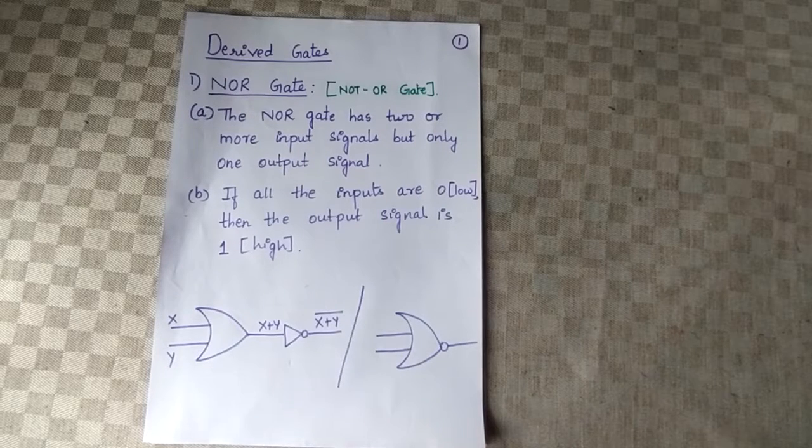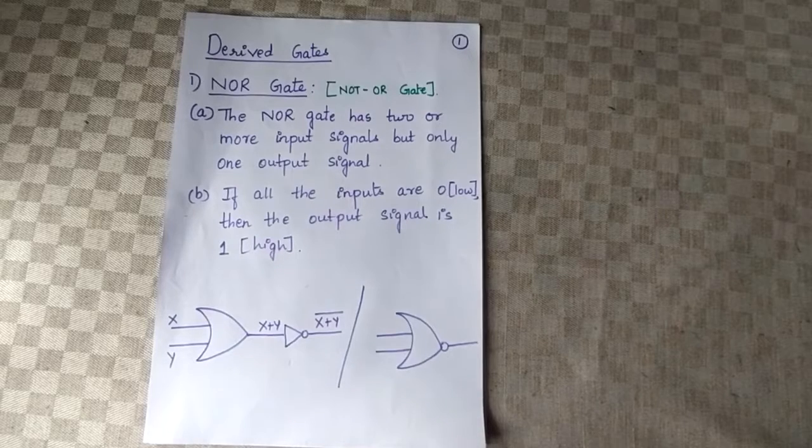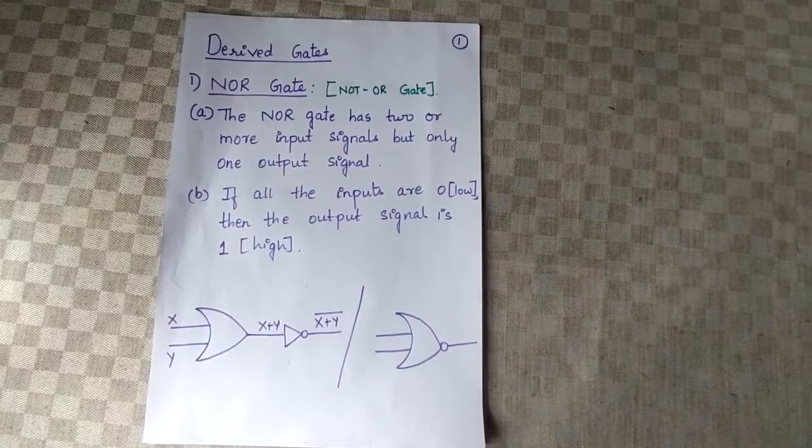How exactly does it work and how many inputs can it take? The NOR gate has two or more input signals but only one output signal. Like other gates which we have seen, even NOR gate can take two or more input signals but can give only one output signal. That is the result.